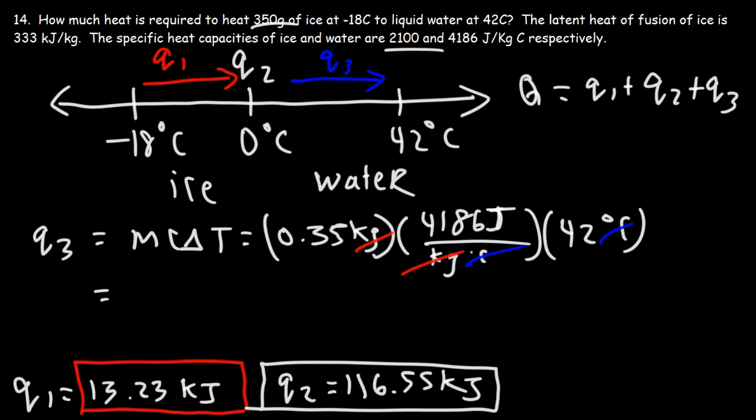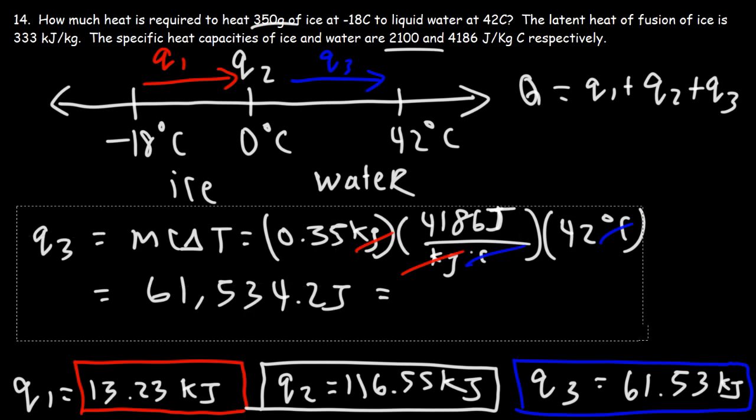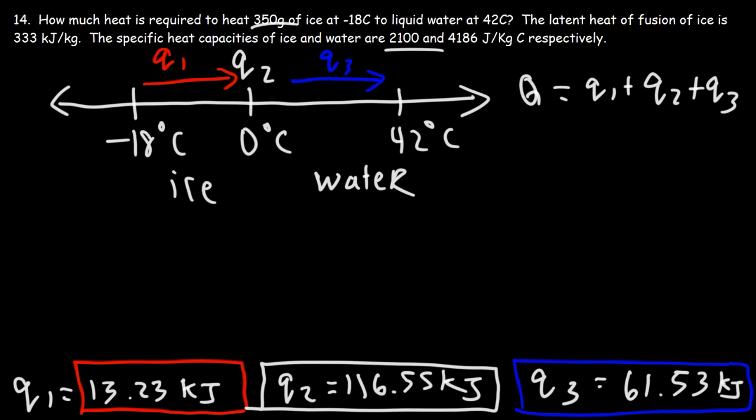So 0.35 times 4186 times 42 is 61,534.2 joules. Now, if we divide that by 1,000, this is going to be 61.53 kilojoules. So now we can calculate the total heat that's required to heat 350 grams of ice from negative 18 degrees Celsius to liquid water at 42.